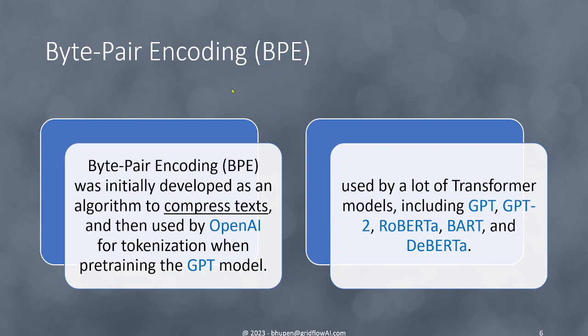Byte pair encoding is a compression technique used on text, but it was improved to suit natural language processing tasks by OpenAI and various other BERT and transformer models. I've listed a few of them here, but the list is much longer than what you see here.